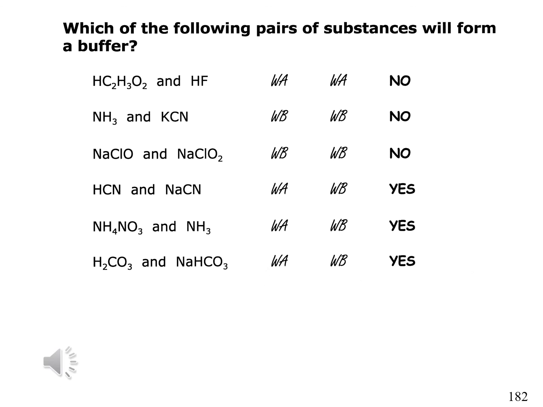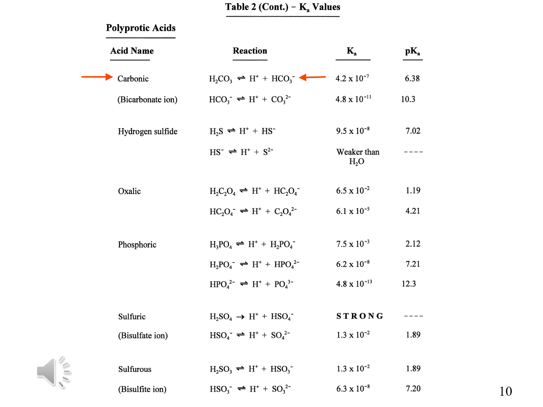You will get a buffer because H2CO3 is a weak acid and HCO3- is the conjugate base of that acid. H2CO3 and HCO3- are in the same line in the Ka table. The thing is that HCO3- is amphiprotic. So in the very next line, it is not acting as a base, but it's acting as an acid.